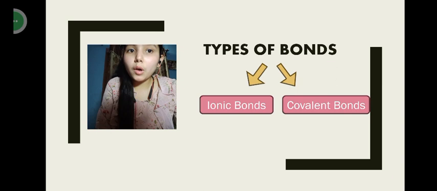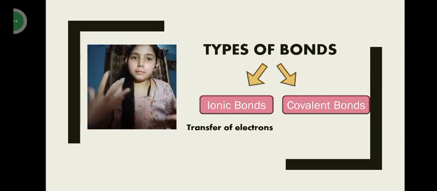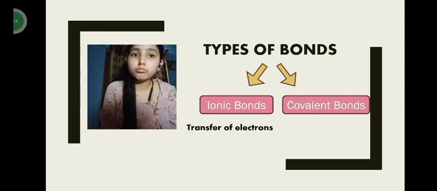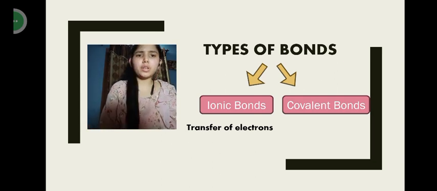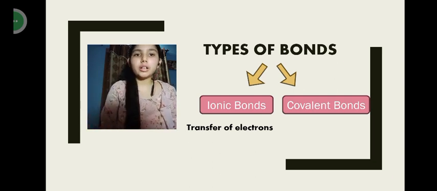Right? So how do they do that? Ionic bonds are formed by the transfer of electrons. How? Okay, let me give you an example. Like you are hungry, it's lunchtime, and your friend is also hungry.